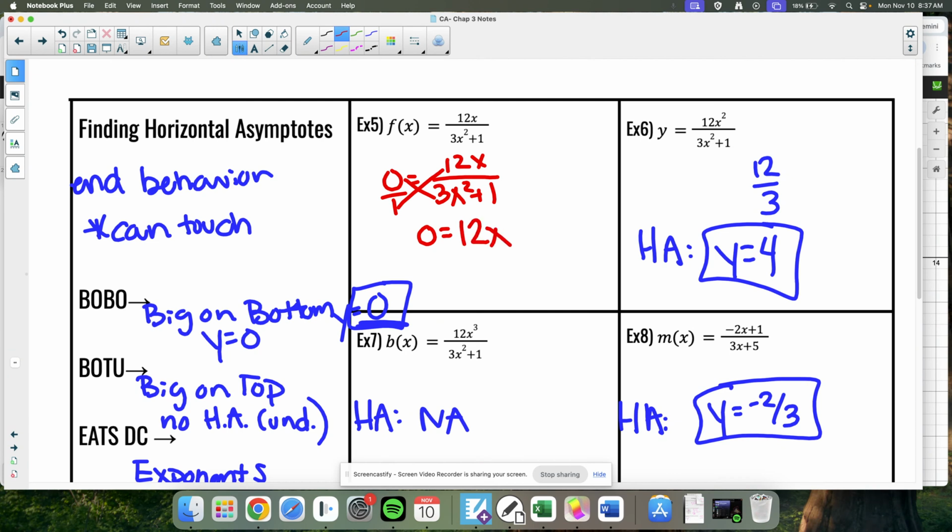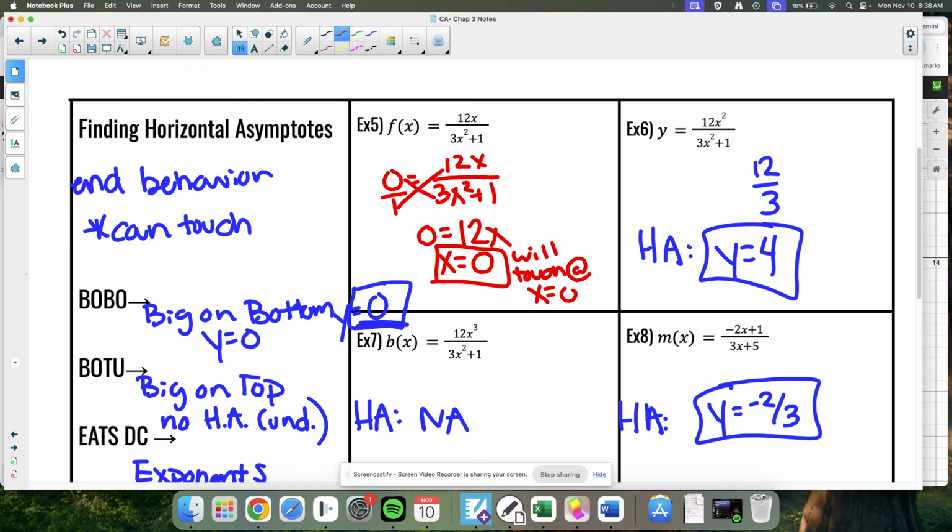Either way you get there. So at what x value does this thing equal its horizontal asymptote? It will touch its horizontal asymptote at x equals 0.